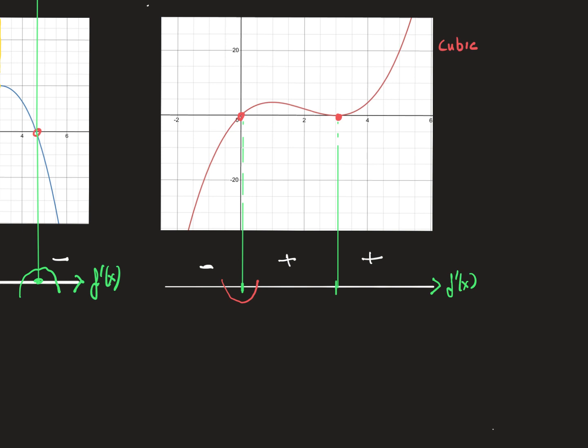Positive and a positive means, as we've done before, that what we've got over in here is a stationary point of inflection. Yes, there is a maximum in here, so that's going to now indicate to us the non-stationary point of inflection.